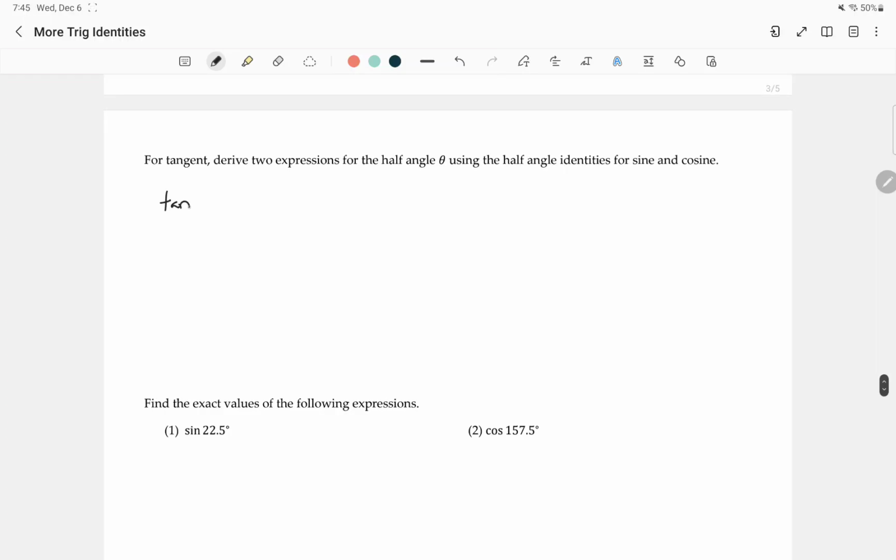All right, tan of half theta is equal to, going back to the most basic definition, sine half theta over cosine half theta, which is equal to plus or minus the square root of 1 minus cosine theta over 2, over the square root of 1 plus cosine theta over 2.